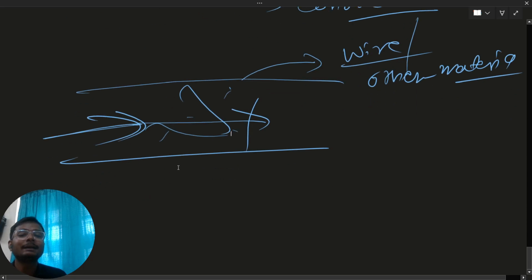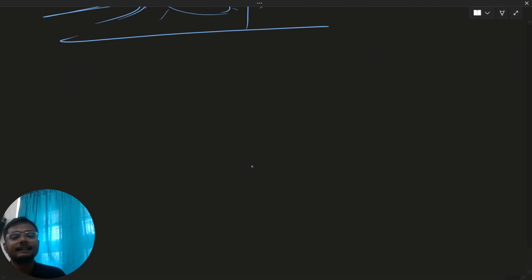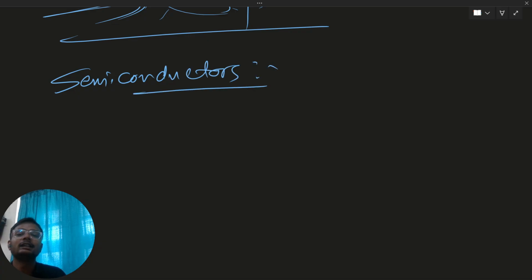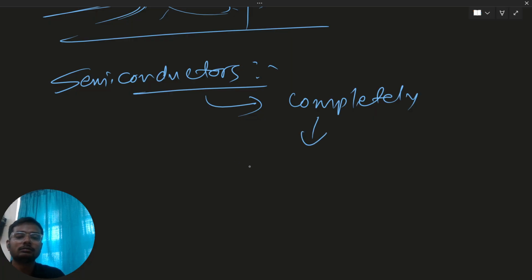बात करते हैं सेमीकंडक्टर की. ठीक है, सेमीकंडक्टर्स क्या होता है? Semiconductors. Any prior idea about what is semiconductors? See, semiconductors do not allow completely, and do not even stop, not stop also.